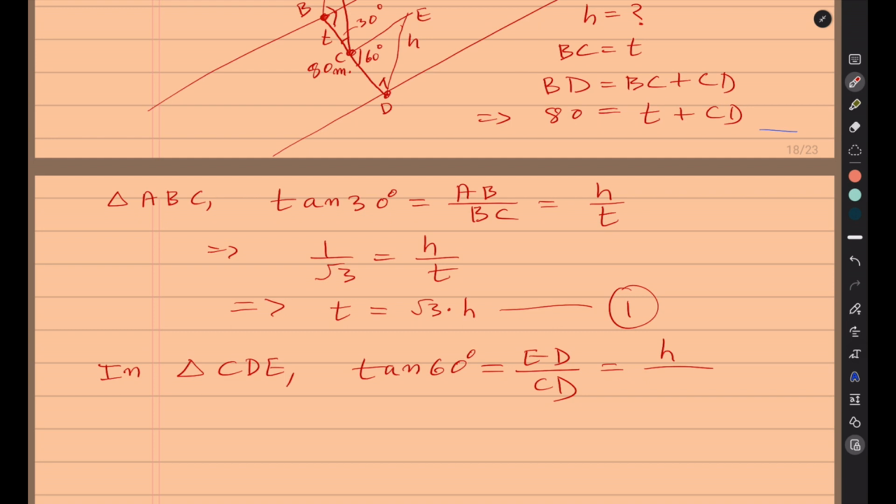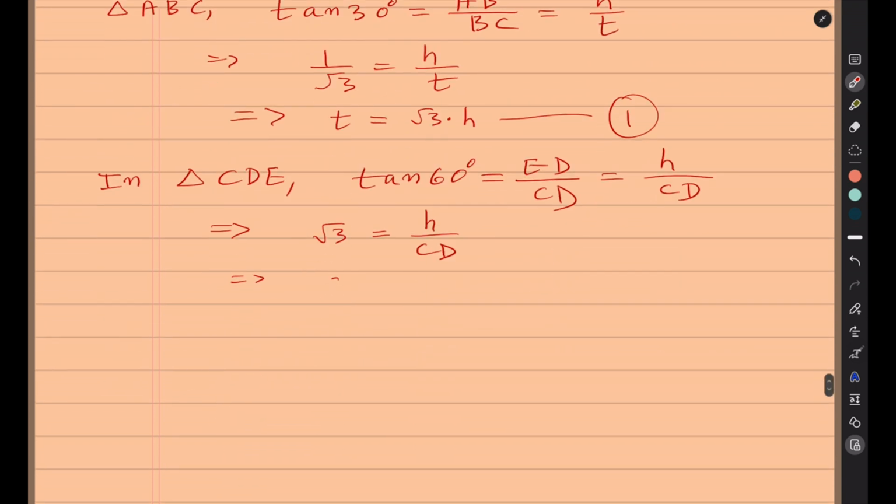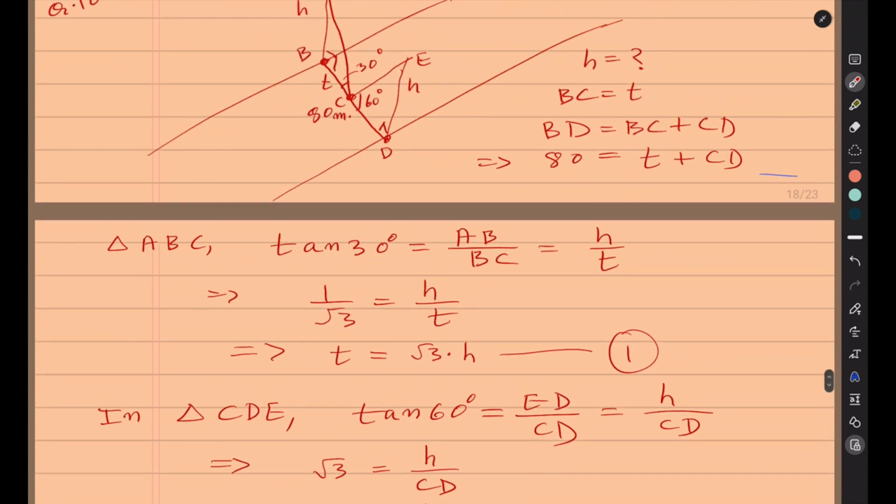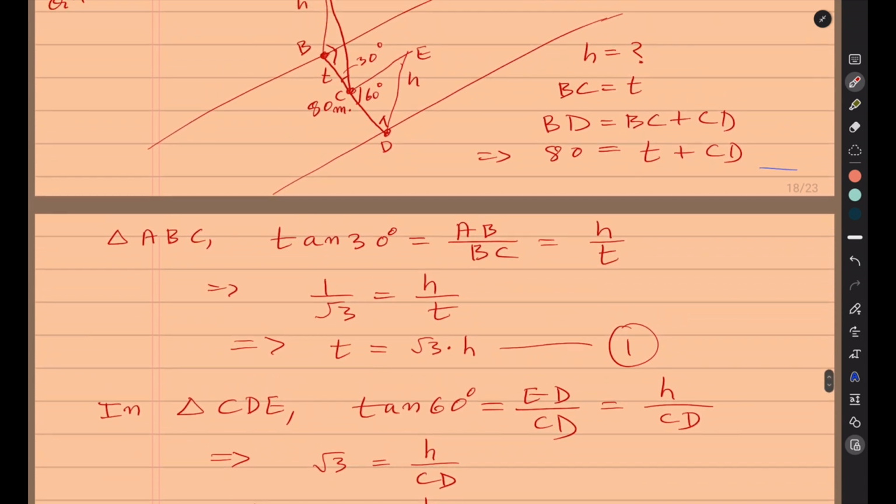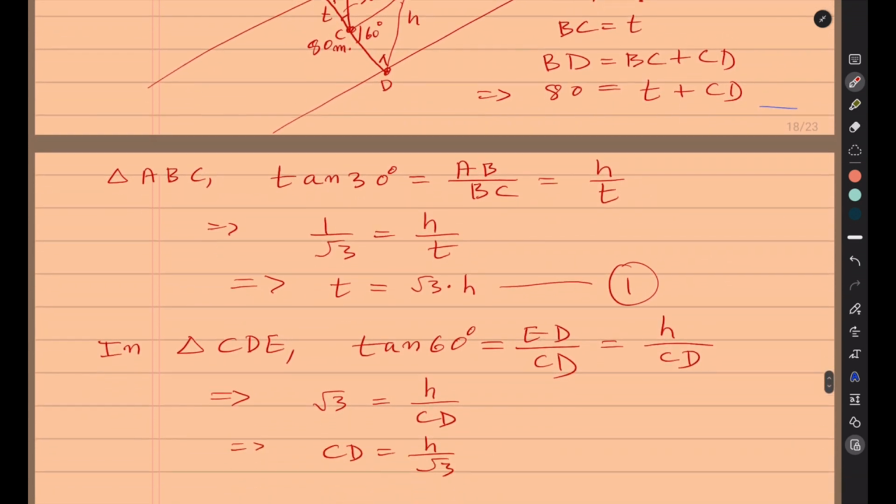Both are equal. And then CD is CD, we don't know it basically. So tan 60 degree, root 3, is equal to h divided by CD. So this gives us CD is equal to h divided by root 3. Yeah, so this is what we can do.